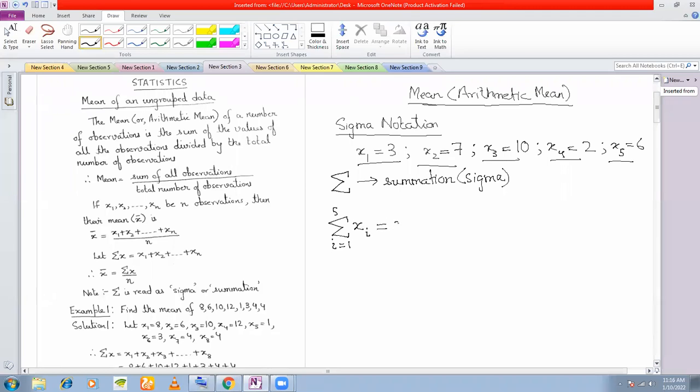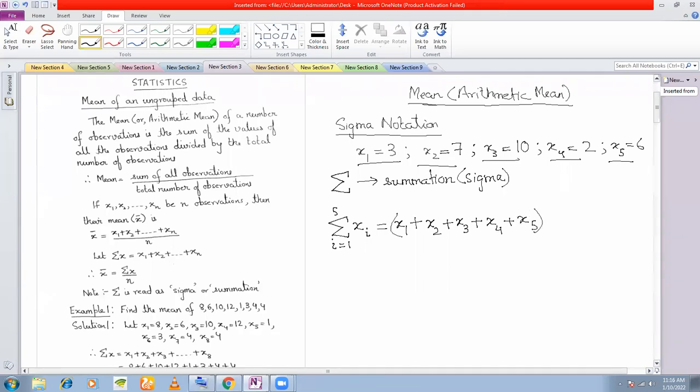first I take i is equal to 1 to get x1, and because I have the summation sign, I give a plus sign. Next I take i is equal to 2 to get x2, and next I take i is equal to 3, give an addition sign. Next I take i is equal to 4, next I take i is equal to 5.